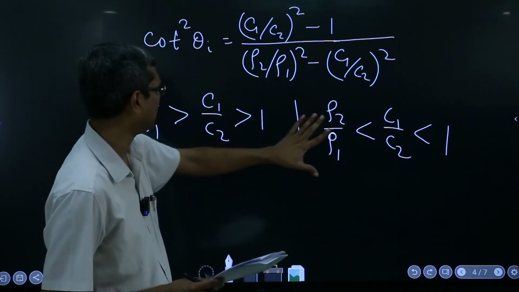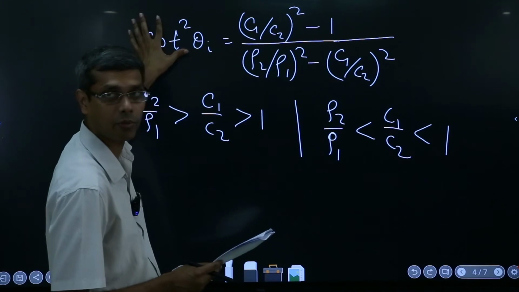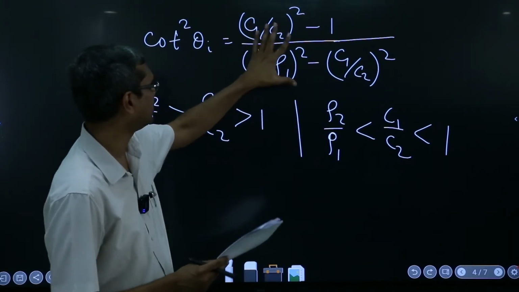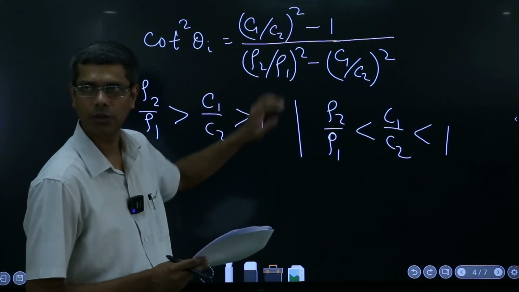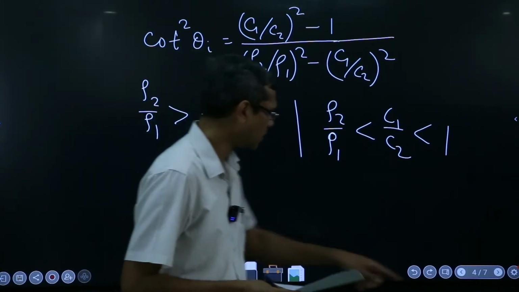This tells you there is a possibility of getting such a thing, because this is always a positive number, and these conditions tell you when this term will remain positive. So that's one case of interest.